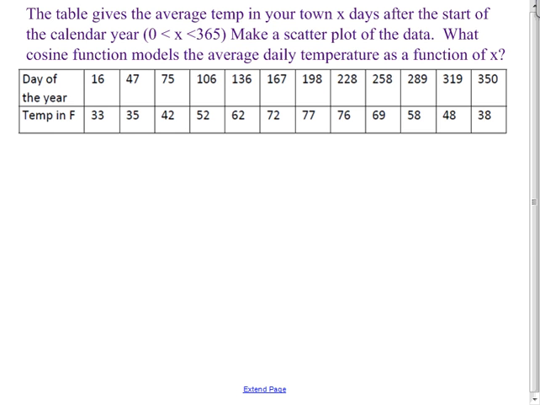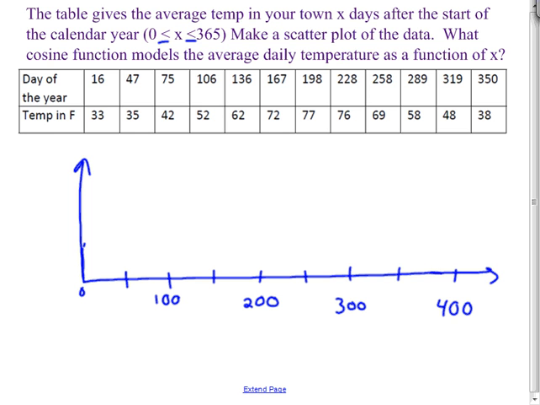When I make my scatter plot, my x-axis is going to be the number of days, greater than or equal to 0. So I'm going to start at 0. So this is 0 days. Let's see, let's count by maybe 50s. So this is the days of the year.